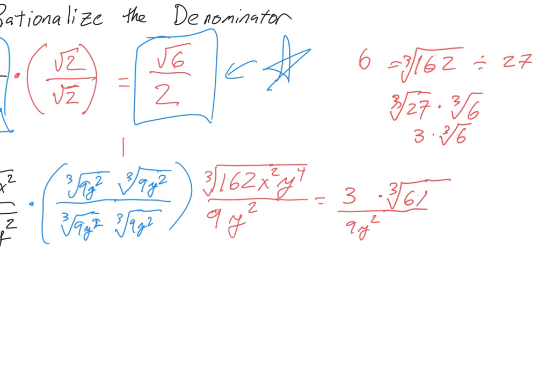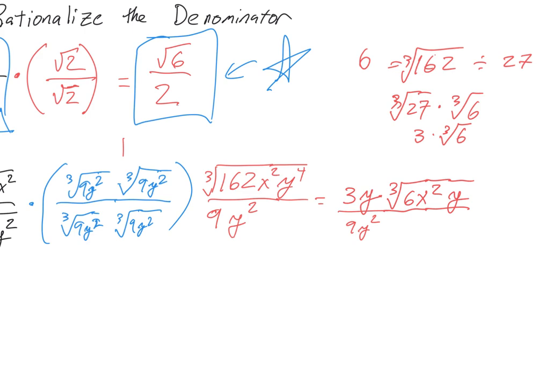X squared will not change because it's not higher than 3. But then like we did in the previous problem, I have a y to the 4th taking the cube root. So the idea is, how many of these y's will come out and give me one y out in front? Well, if I take 3 of them out, I'll have one y out in front, leaving me only one y inside.